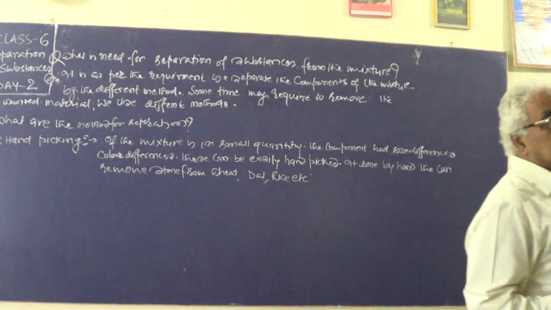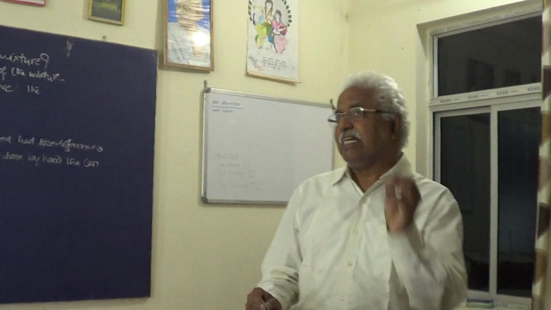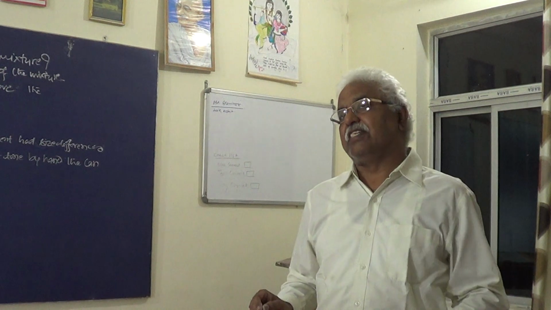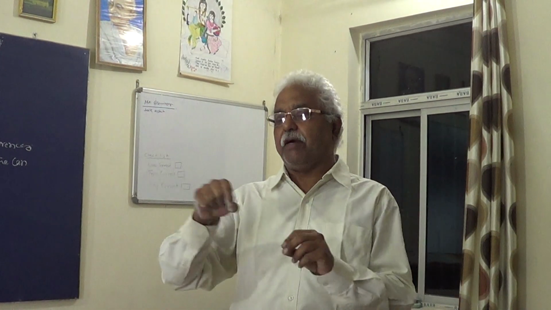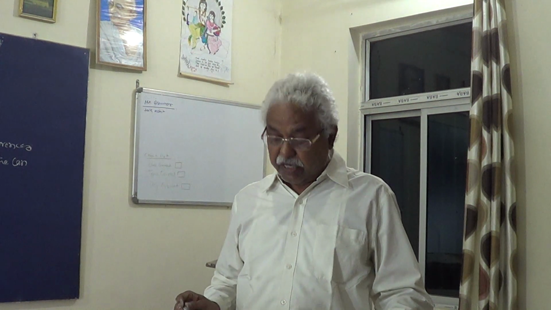So hand picking, any person can remove this. Because sizes are different, the stone's touch is different, color is different, it can be picked up and separated. This is hand picking. Okay?